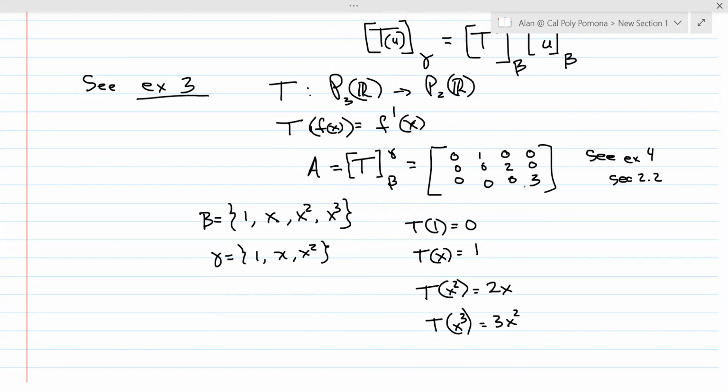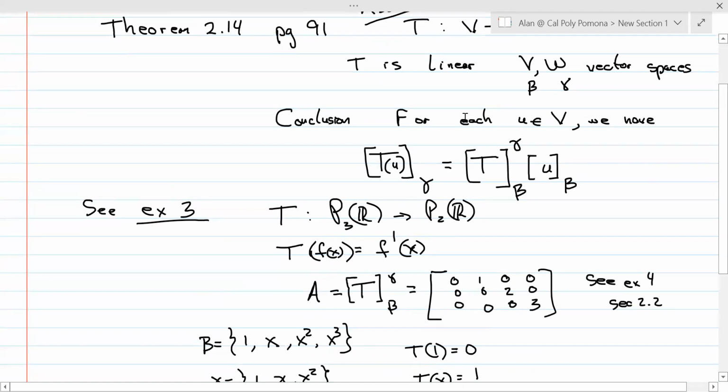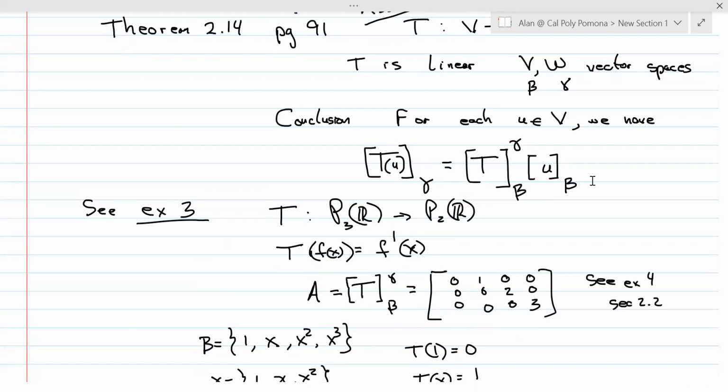Any questions thus far? Okay, so that's what that looks like. And where they're going with this is they're trying to illustrate this. So let's see what they do next. Flip the page, I guess. We illustrate Theorem 2.14, which is the theorem I just gave, by verifying all of this to be true.